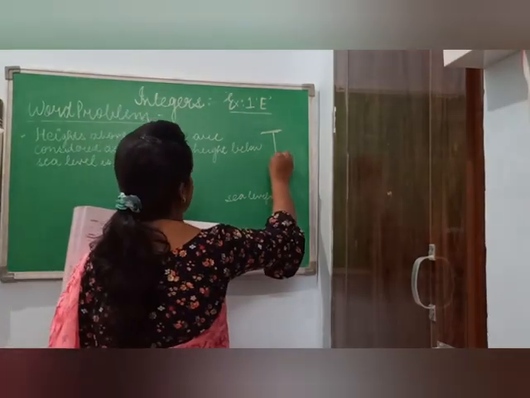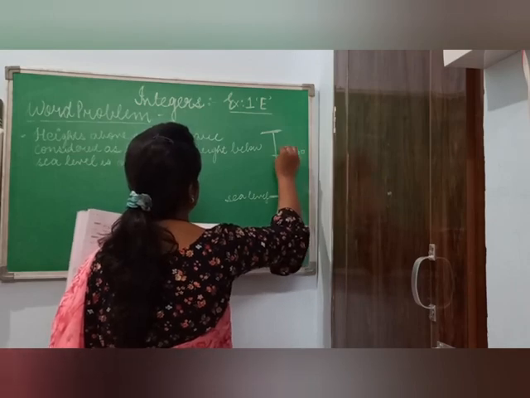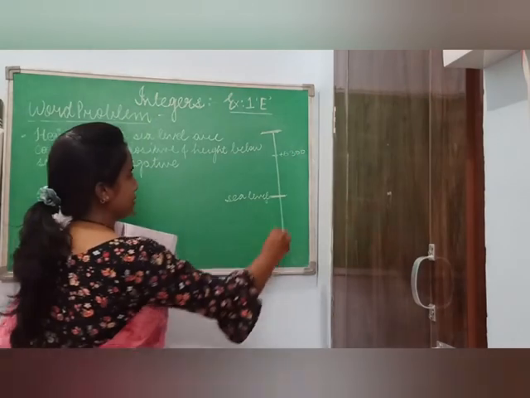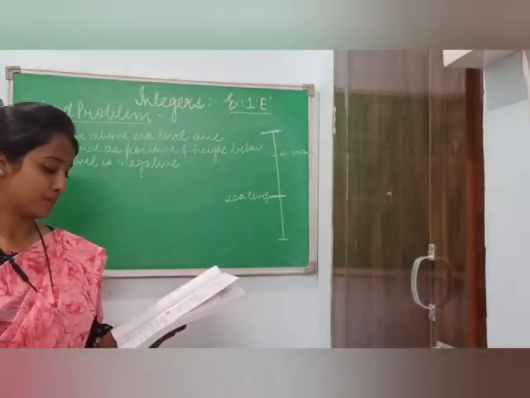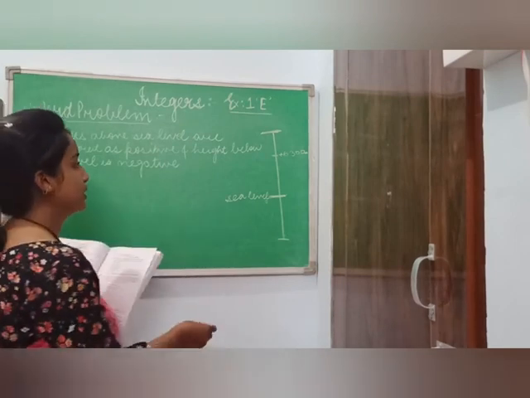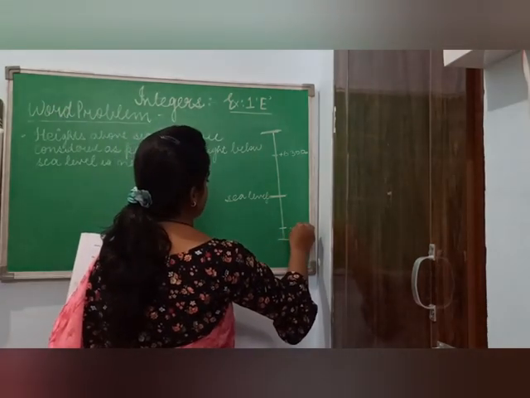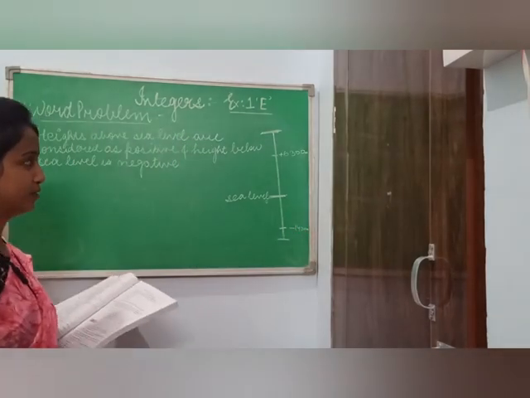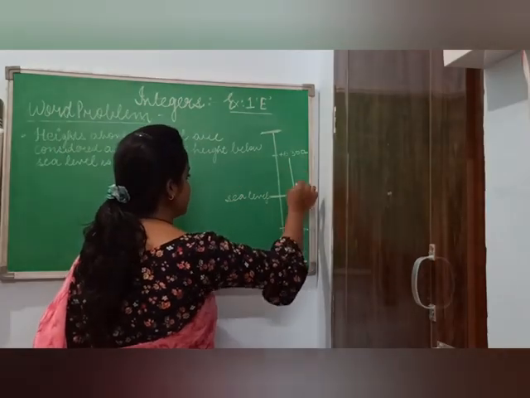So we can mark it anywhere with 6,300, that is plus 6,300 meters. Then it says that a submarine is floating below the sea level, so it will be taken as negative.